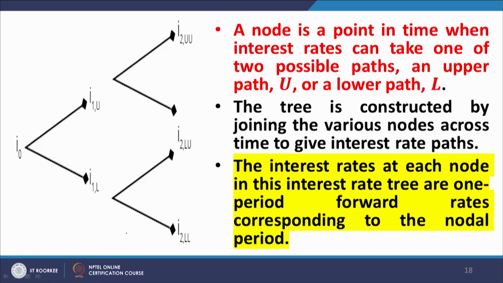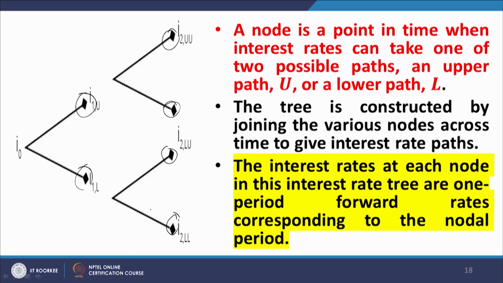A node, as I have explained just now, is a point in time where interest rates can take one of two possible paths, an upper path or a lower path. So, these are the possible nodes here. This is a node, this is a node, this is a node, this is a node. All these are nodes here.